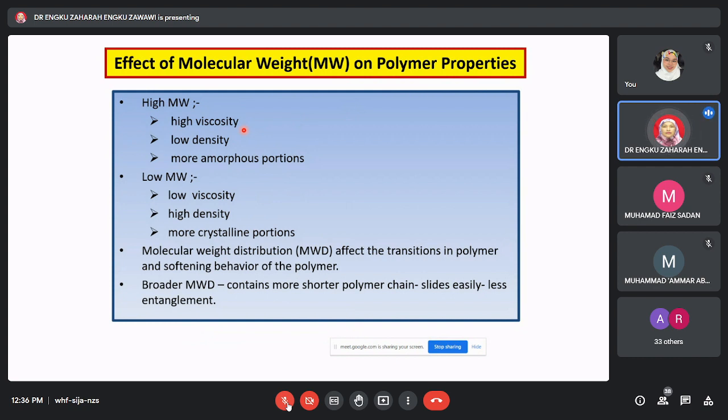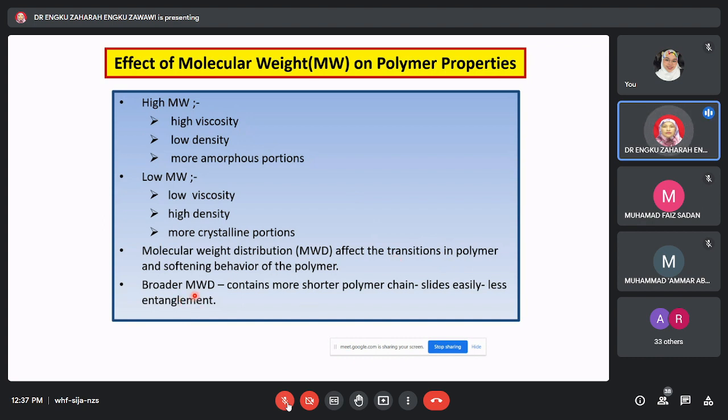So dia very high viscosity, low density and more amorphous portions. So untuk low molecular weight, low viscosity, high density and more crystalline portion. So molecular weight distribution affects the transitions in polymer and softening behavior of the polymer. So it's very important, this element during the processing of the polymer lah.